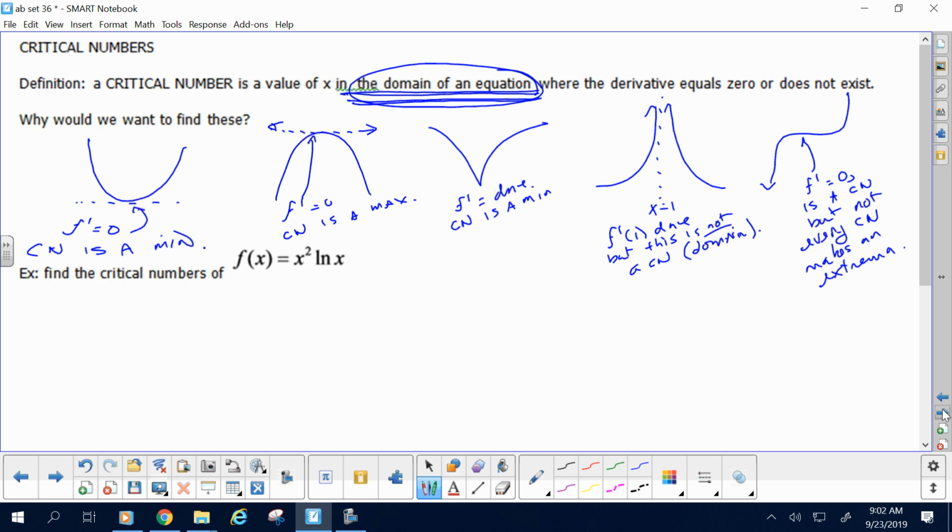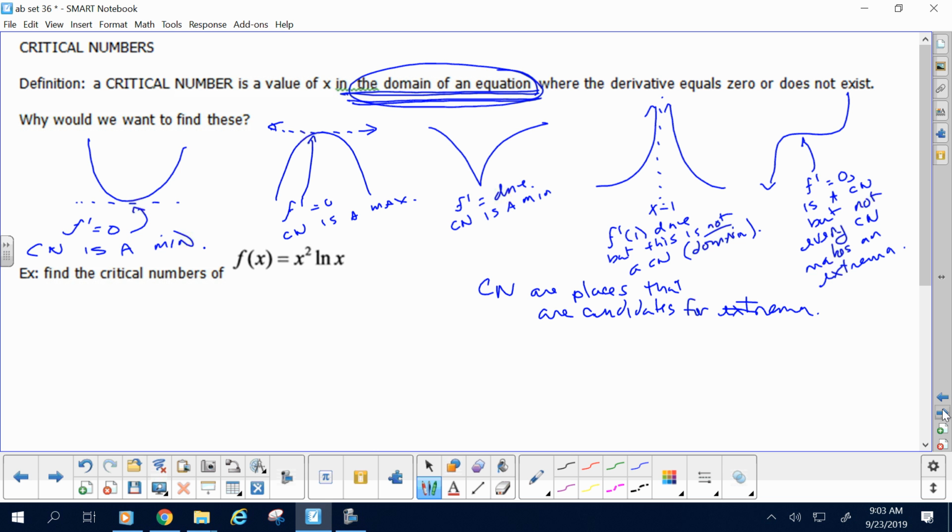Oh, you thought I was going to turn back, but I didn't. So critical numbers are places that are candidates for extrema, but not guaranteed. They're good places to start looking.